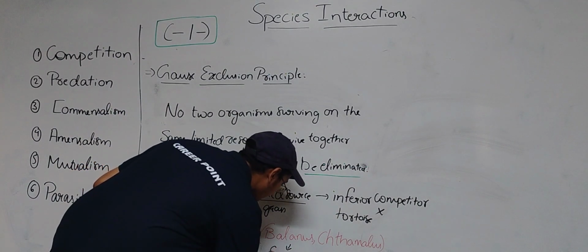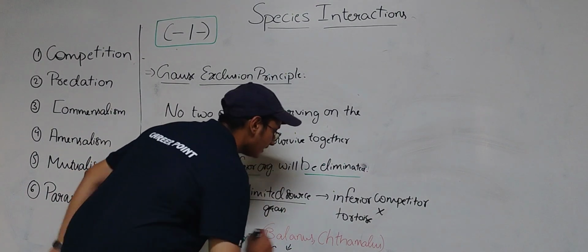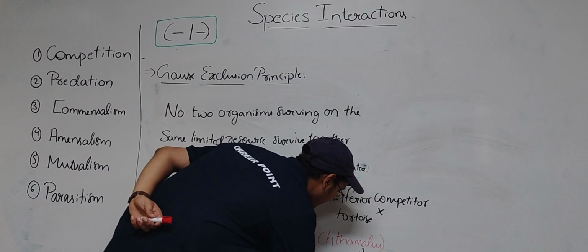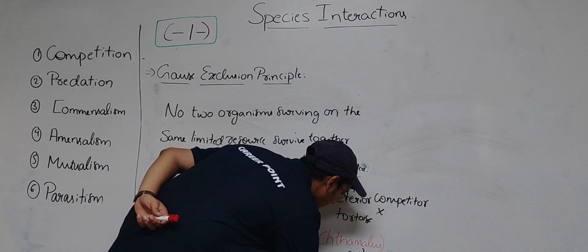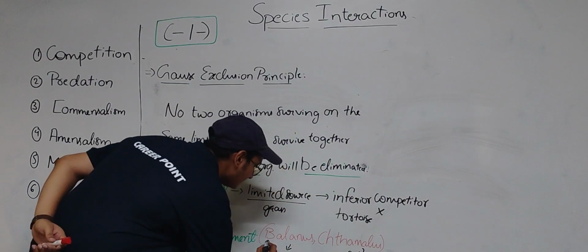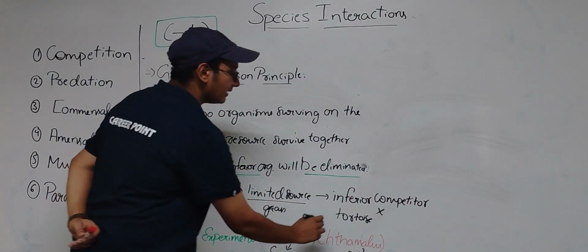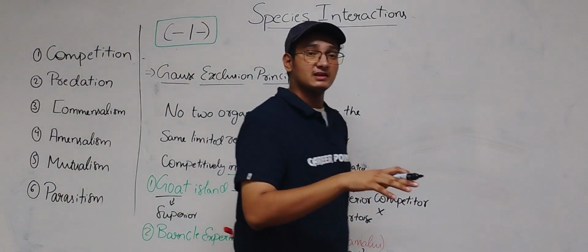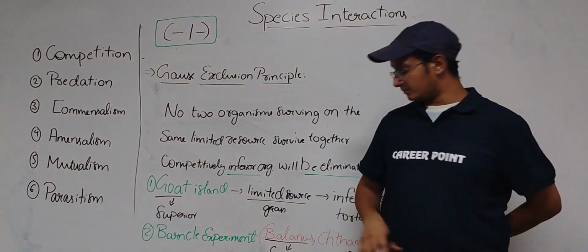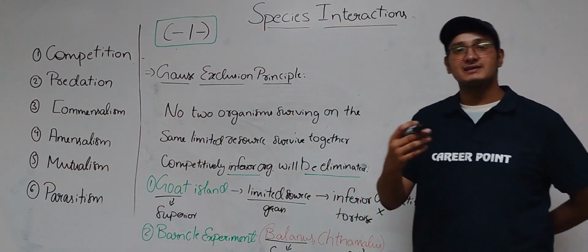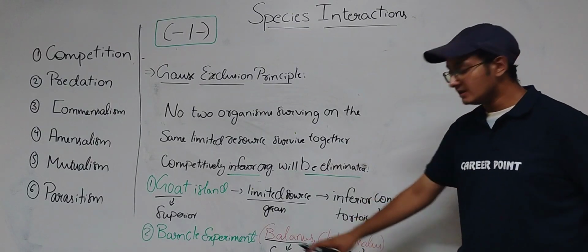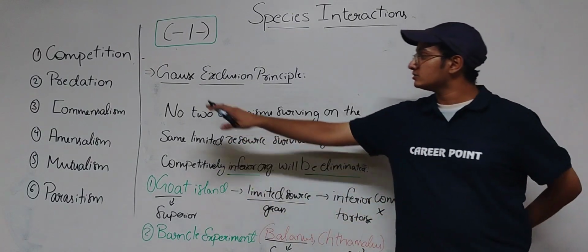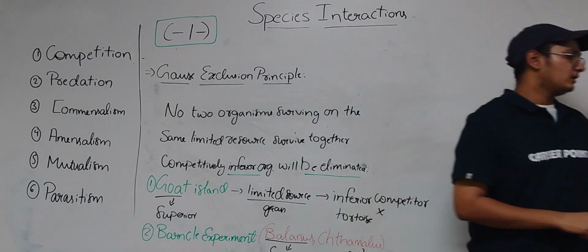Balanus is the superior one and Chthamalus is the inferior one. When Balanus is present, the Chthamalus barnacle is absent in that region, because Balanus occupies more and more region, while Chthamalus occupies less. So these are examples of evidence for Gause's competitive exclusion principle.